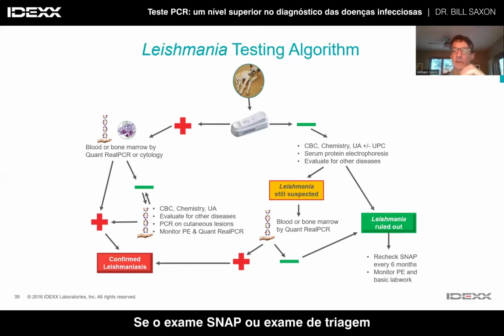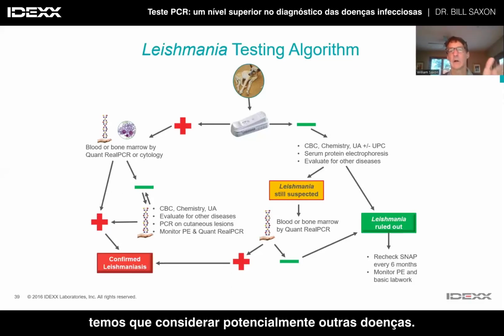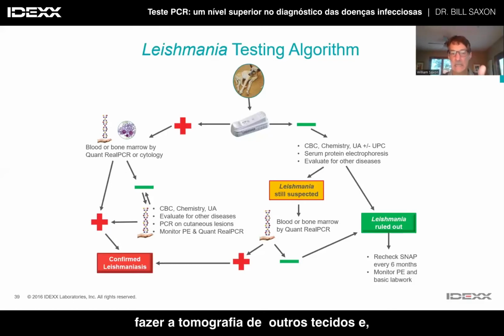If the SNAP test or screening test is positive for Leishmania, absolutely the next step to determine if that is true and quantitate the level of infection, we would run the quantitative Leishmania PCR. And if that comes out to be negative, then we have to consider potentially other diseases, maybe look for Leishmania in other tissues, skin, other tissues.